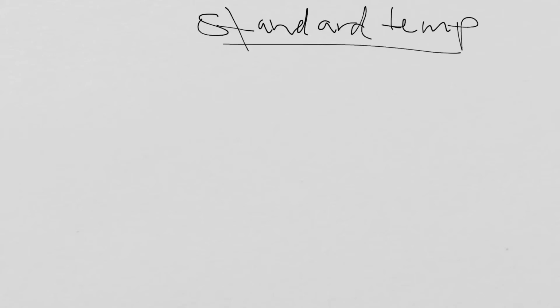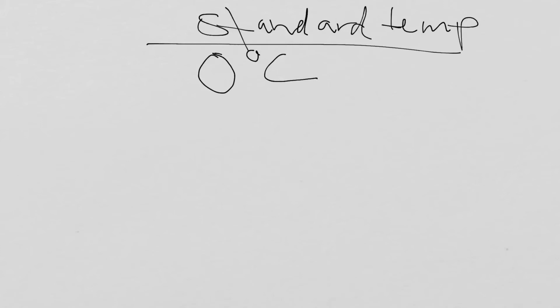Now, before we do that, let's go back to that standard temperature we talked about. So standard temperature is 0 degrees Celsius. But anytime you're talking about gases and their pressure related to their temperature or their volume related to their temperature, you cannot be in Celsius.